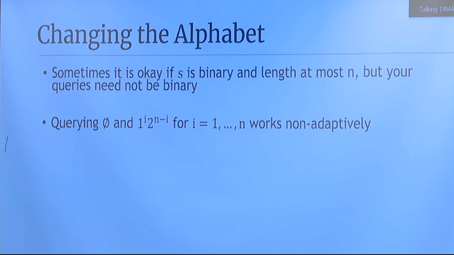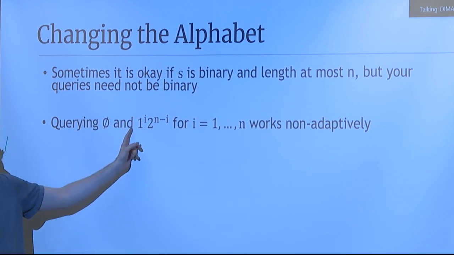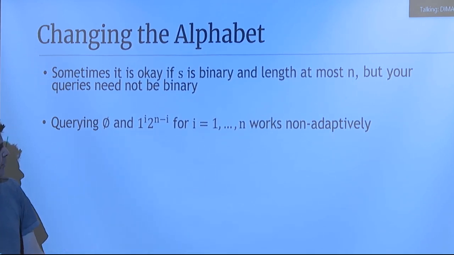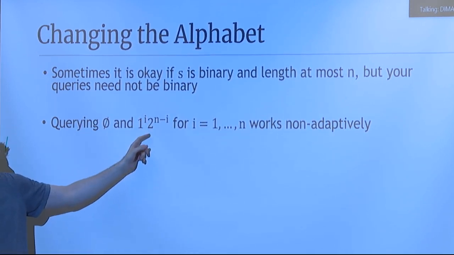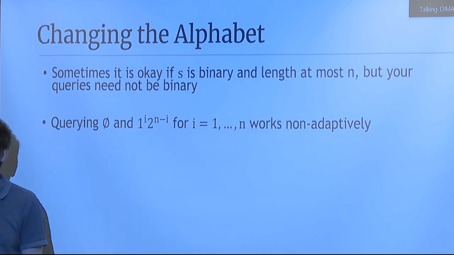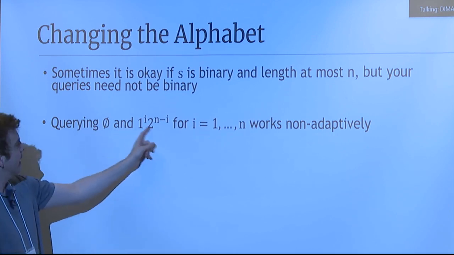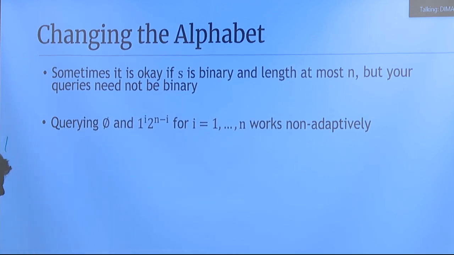So we query the empty string, and we also query n additional strings of the form 1 to the i, 2 to the n minus i, where 2 is just some arbitrary symbol that's not 0 or 1. We query these non-adaptive strings, and this is enough.